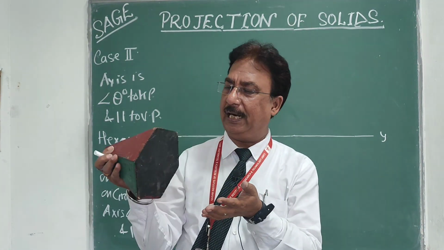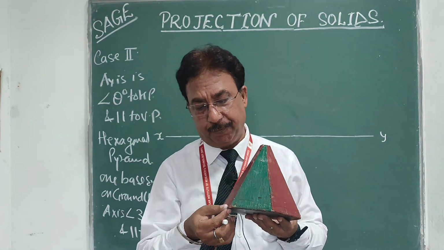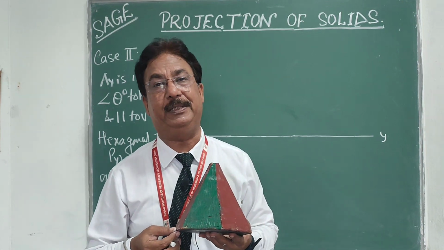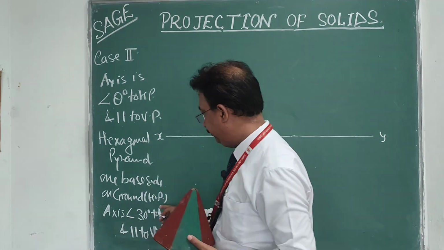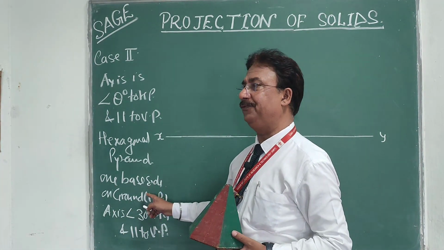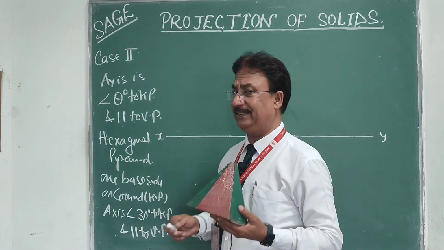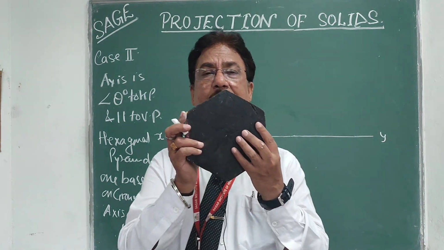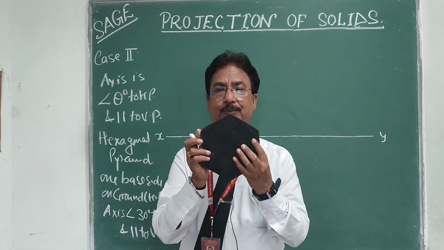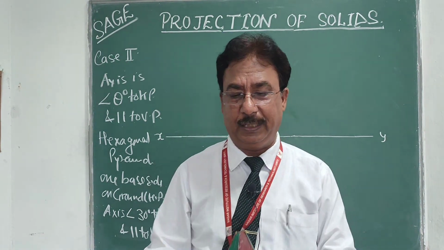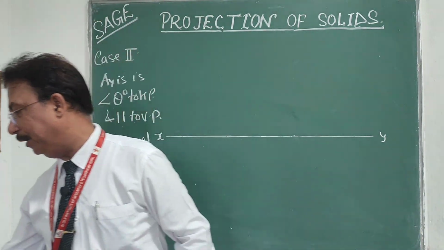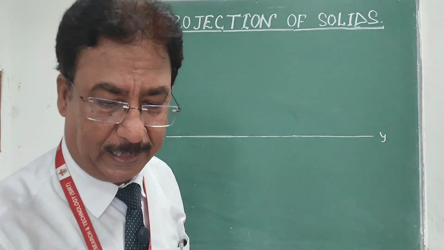I start with the base on HP, with one base side perpendicular to VP. That is important: the side we want to keep on the ground, as in the projection of planes, I make perpendicular to VP. So the initial step is to draw the top view with two sides perpendicular to the reference line.